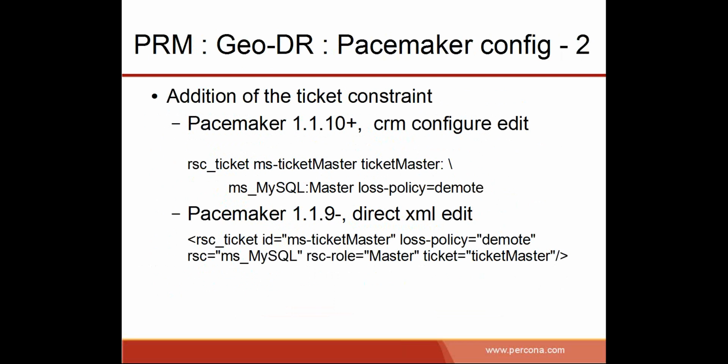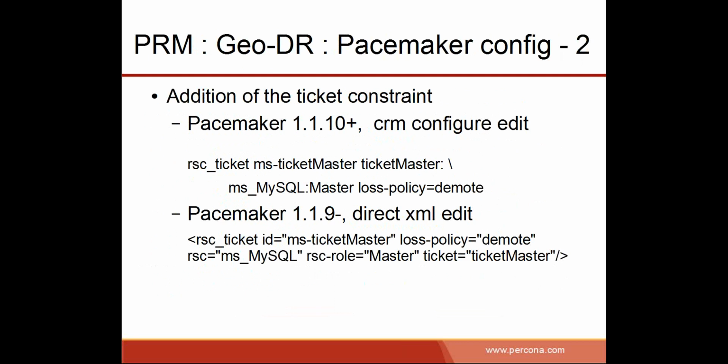If you're running a recent version of Pacemaker, the crm tool is able to understand the resource ticket constraint. So you just write it like this.